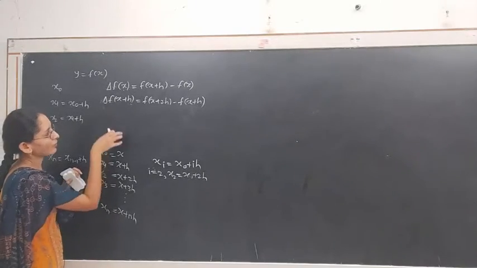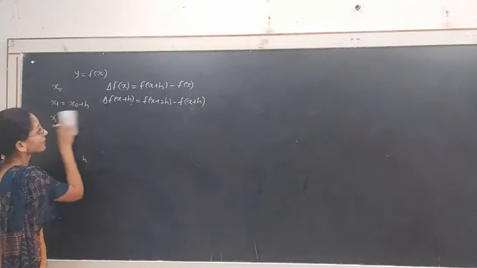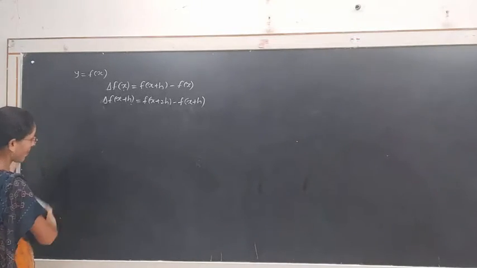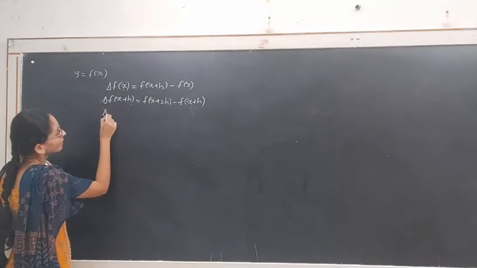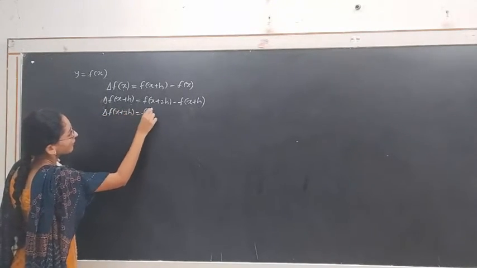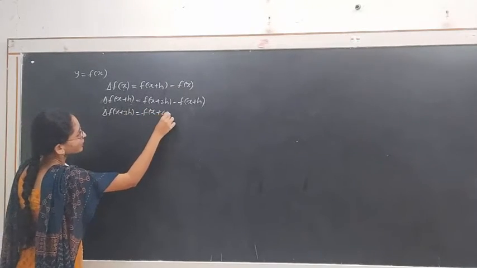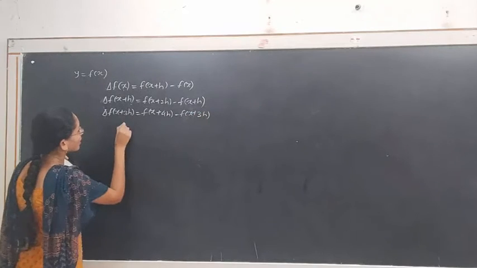So we are getting the forward differences as del f of x plus h is equal to f of x plus 2h minus f of x plus h. Similarly, del f of x plus 3h is equal to f of x plus 4h minus f of x plus 3h.